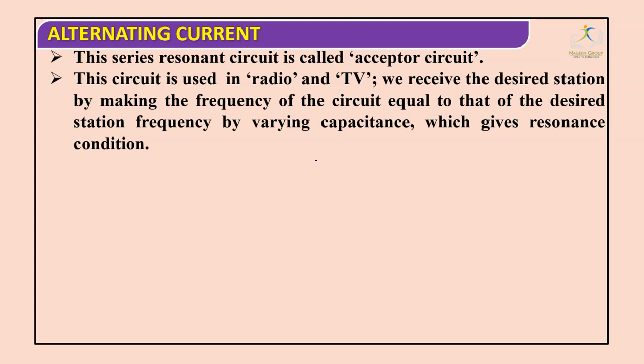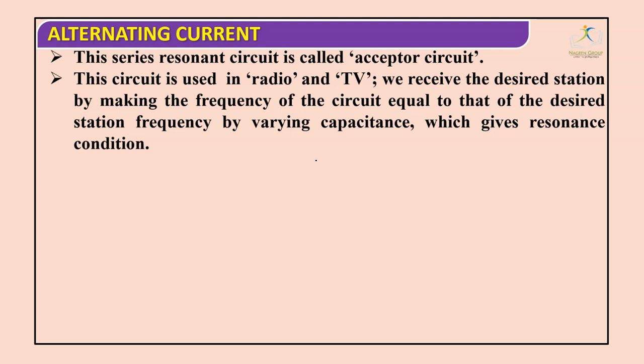In our TV and radio, we receive the desired station by making the frequency of the circuit equal to the desired station frequency. Like earlier, at this particular numerical value, the sound of the radio will be very smooth to listen to, isn't it? If I take the example of FM, in FM you have some number, and that depends on the location.